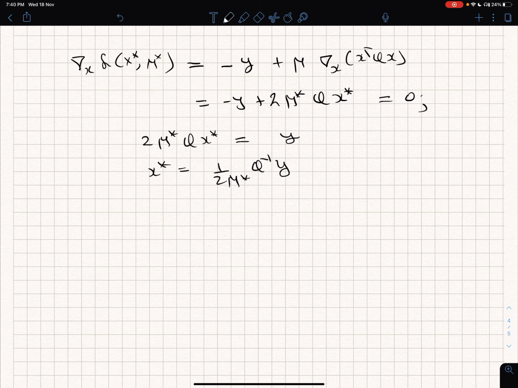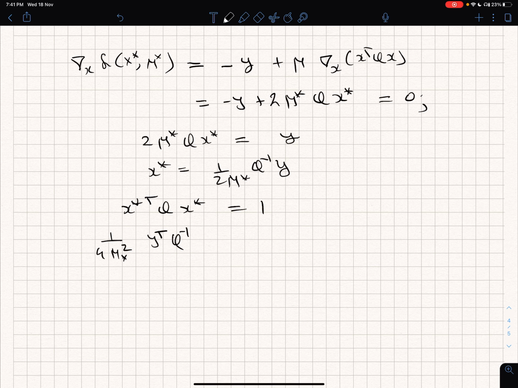So what is it that I am missing now? I have still not used the condition that x star transpose Q x star has to be equal to 1. This constraint has become active. If I substitute this here, what do I get? I get 1 by 4 mu star square times y transpose, Q being symmetric, Q inverse is also symmetric.